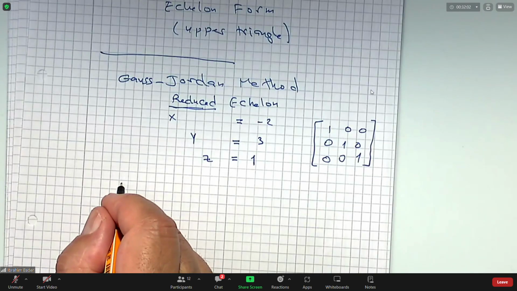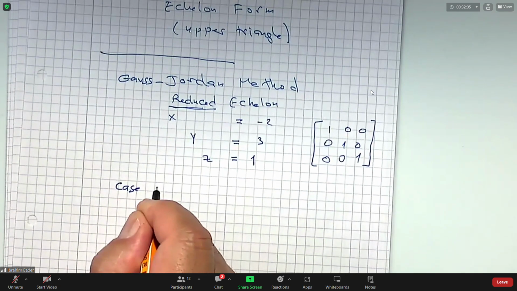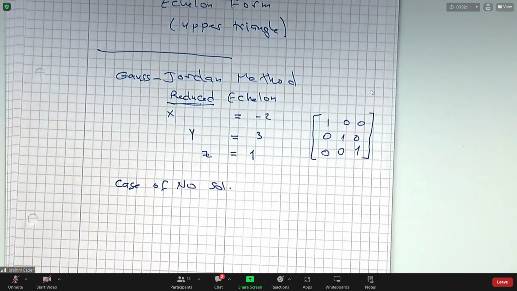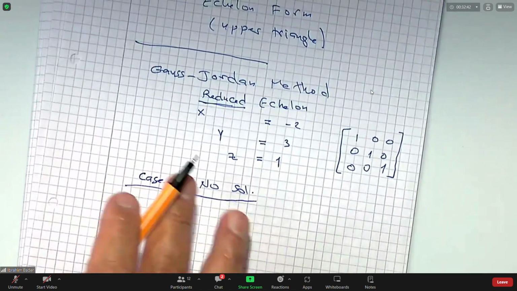Sometimes, in the case where we have no solution, this elimination method will result in what we call a contradiction. Contradiction means it is something illogical. You might end up with a number equal to a different number, which no value of x, y, and z will satisfy. This is what we call a contradiction. Let's see an example where you get no solution.